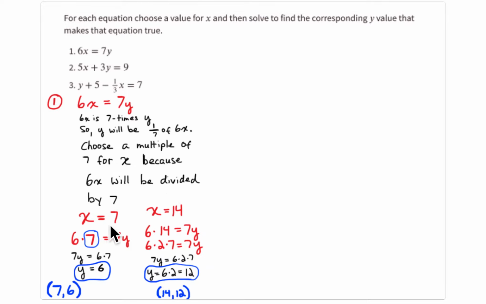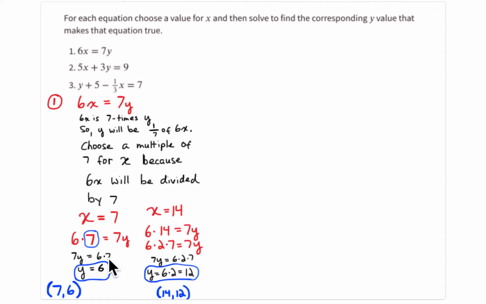So if I choose x equals 7, that's probably the easiest one. So 6 times 7 equals 7y. To figure out what y is, I have to divide 6 times 7, which is 42, by 7, because I have 7 y's and I have to get down to 1y.